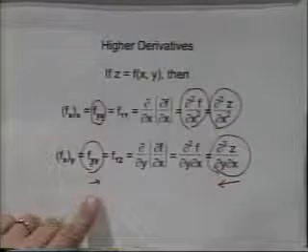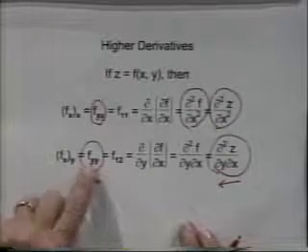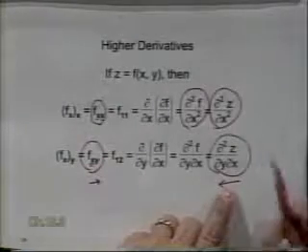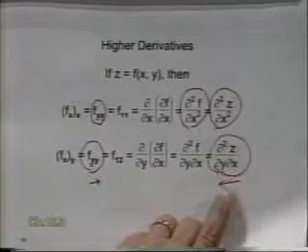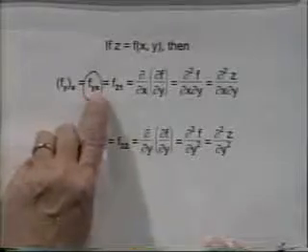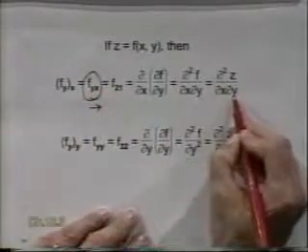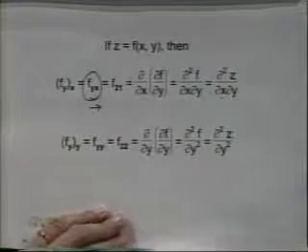So when you see fxy, differentiate with respect to x, then with respect to y. So if you see fyx, you differentiate with respect to y and then with respect to x, because you read it that way. And right now, you're quite concerned, you know, oh, what if I get the order wrong?